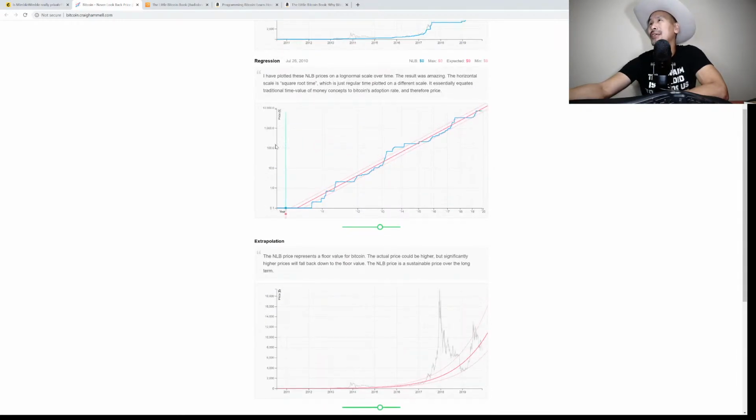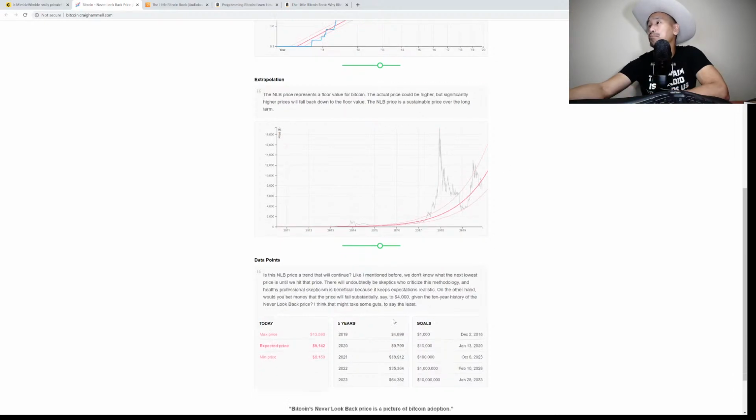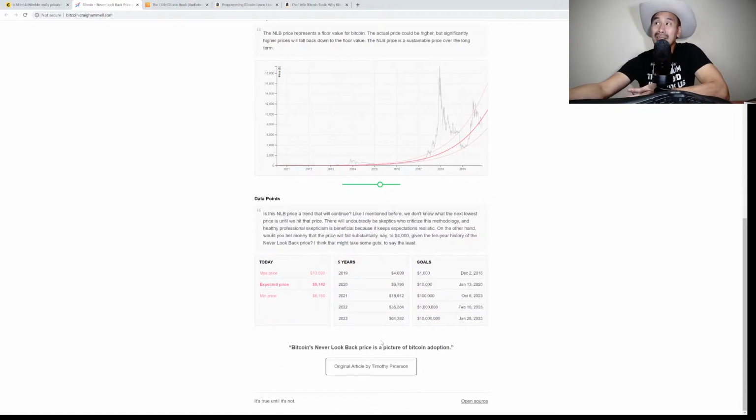For some reason, you have to take the square root of time or something like that to get this nice linear graph. But what it looks like on a normal graph without log and everything else is that it ends up being these nice regression curves. The expected price today is like 6,142.